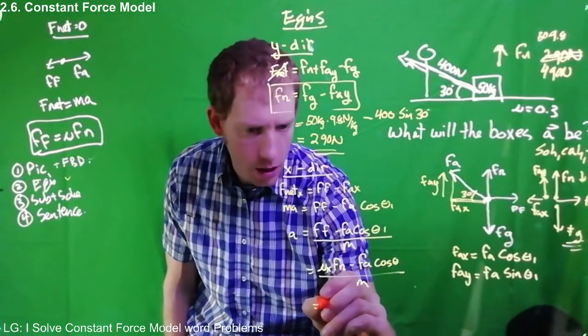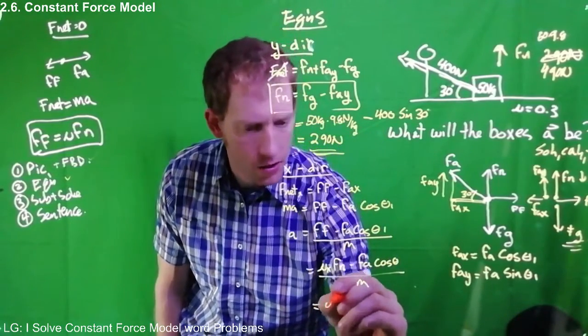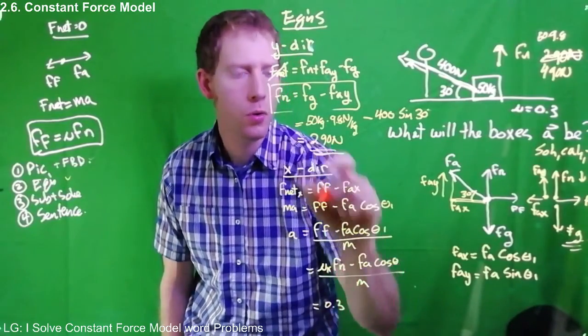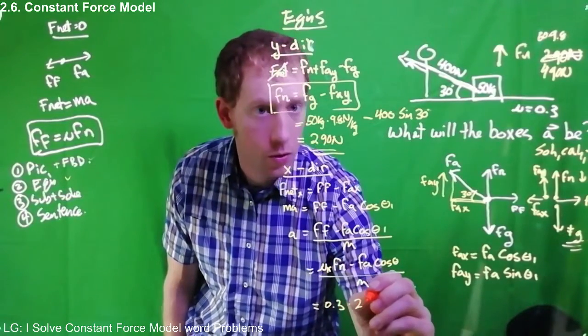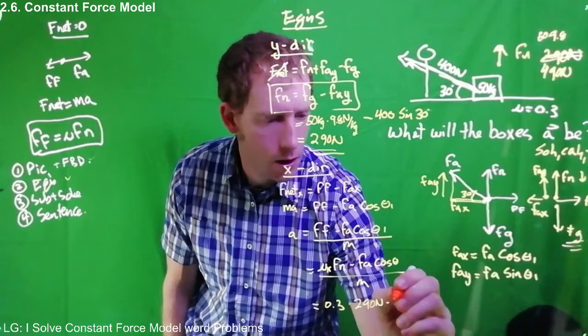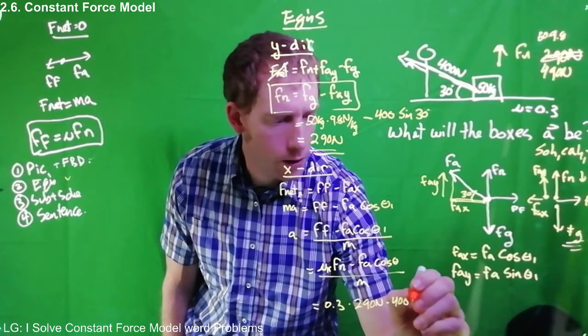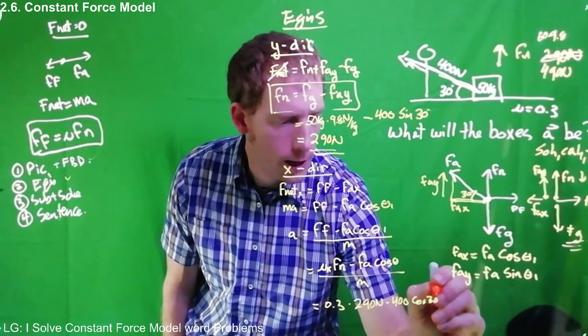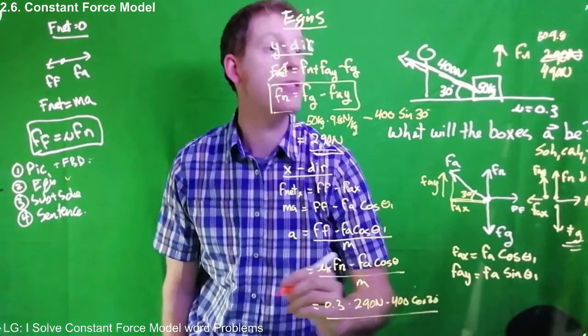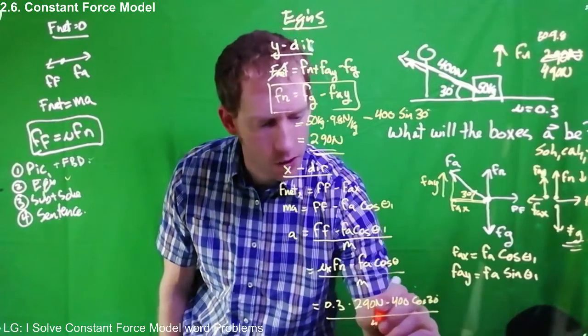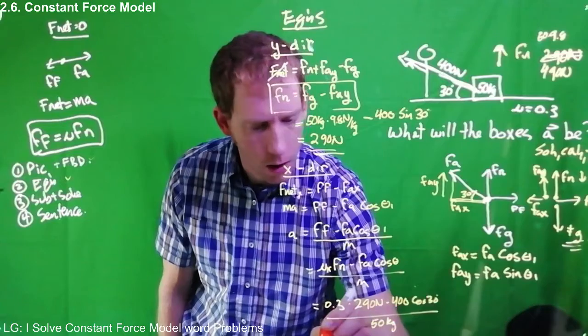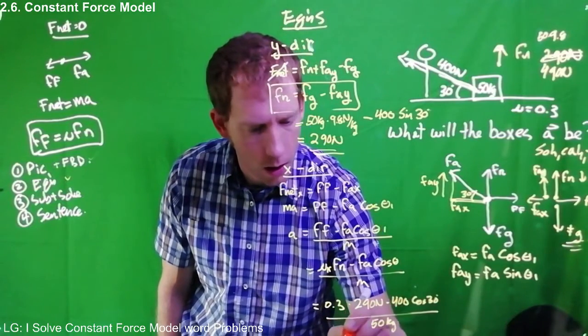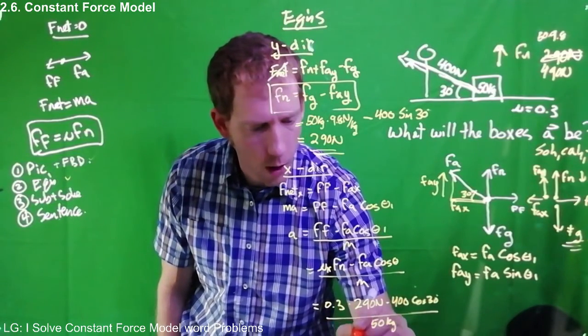Now, Jeremy, you can put this in. Mu k is 0.3, our new normal force 290 newtons, minus 430, divided by the mass, 50 kilograms. Negative 5.18.